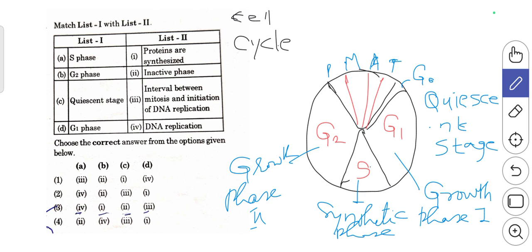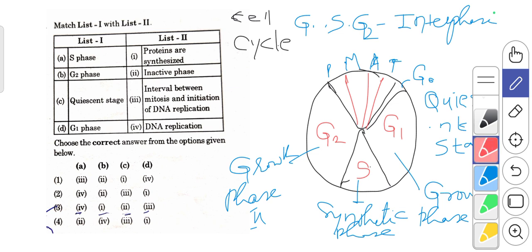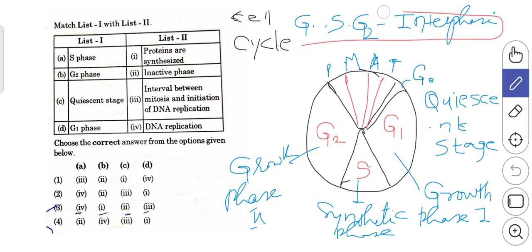So these G1, S, G2 are the parts that come under interphase, whereas the PMAT stages come under the M phase.